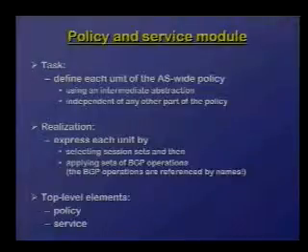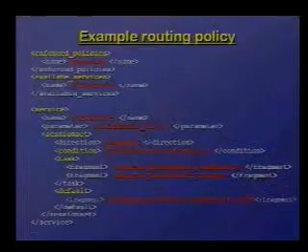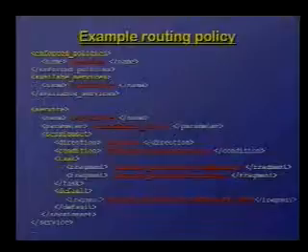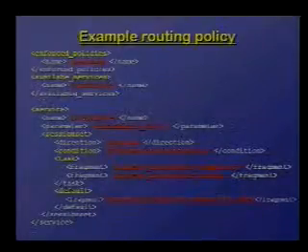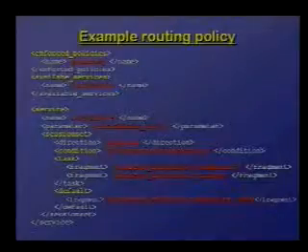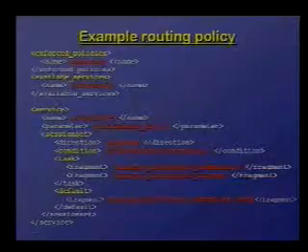We have two top-level elements, policy and services, and here's an example of how such a service could look. The service that we have here is Blackhole. What did we say when we were looking at the service? We said that we want to have an authorization here.